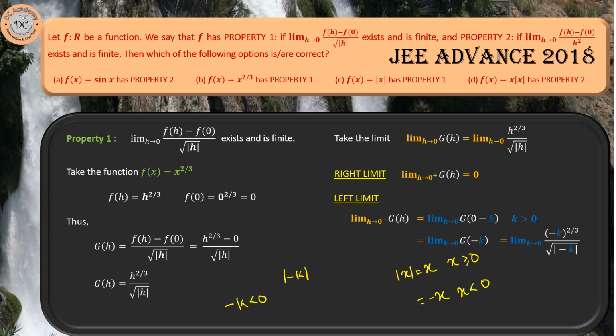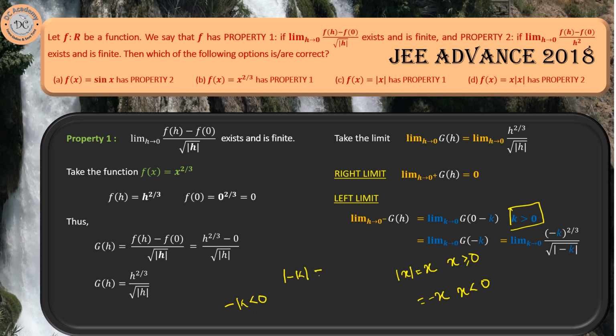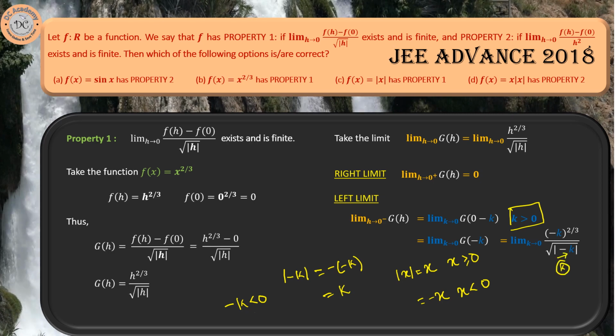Why? Because k is greater than 0, so minus k will be less than 0. Now as minus k is less than 0, it will be minus of minus k, because here x is equal to minus k, so it will be k again. So we can directly write it as k, and that's very obvious.